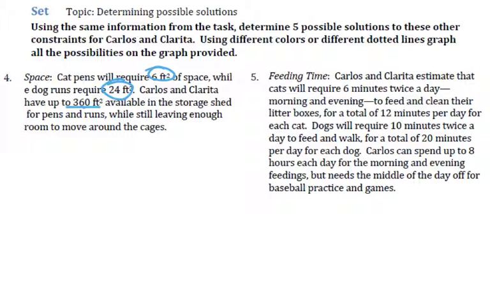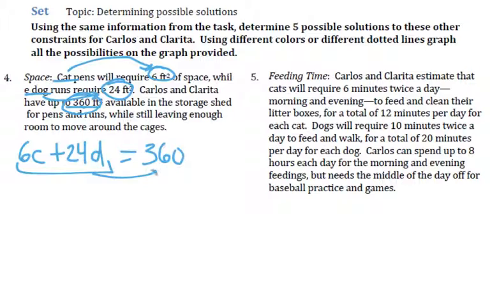So I know that however many dogs I have and however many cats, multiplied by how much space they take and added together, can't be more than 360. We've got C for cats, so 6 times C plus 24 times D. We've got to make sure this does not exceed 360.